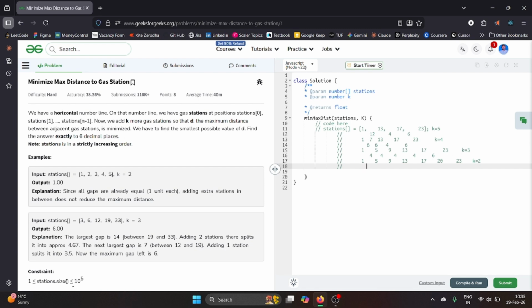So here are our gas stations. Now let's calculate the distance between them, so we can put our two remaining gas stations in between.